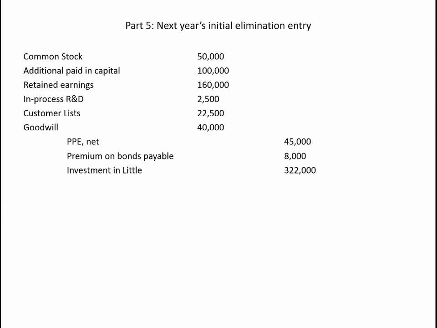But in any event, this is now year 2, we're carrying forward all of these differential assets, and now again we will subject them to appropriate amortization. In-process R&D will be written off entirely this year. We'll take another $7,500 of amortization of the customer list. We'll take another $5,000 of amortization of that property, plant, and equipment differential, and we'll take another $2,000 of amortization of that premium on bonds payable.